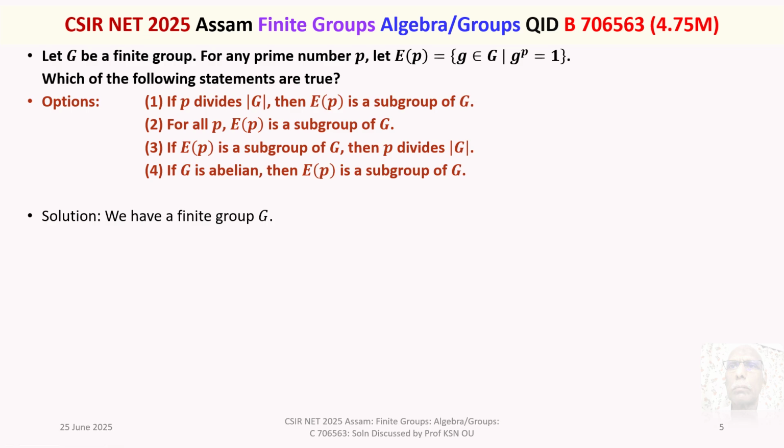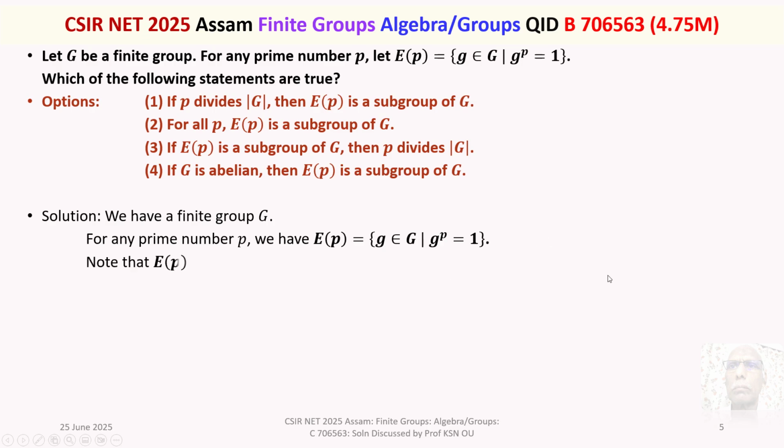We have a finite group G. Further, it is given for any prime number P, we have E of P defined as the set of all those elements g belongs to the group G such that g power P is 1. We note that E of P is not empty. Why?